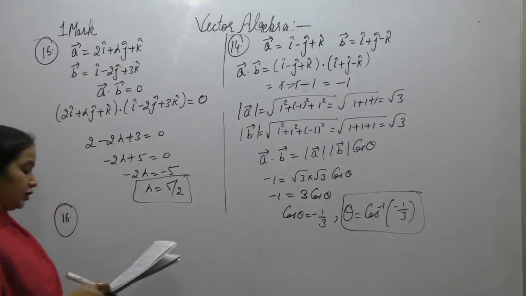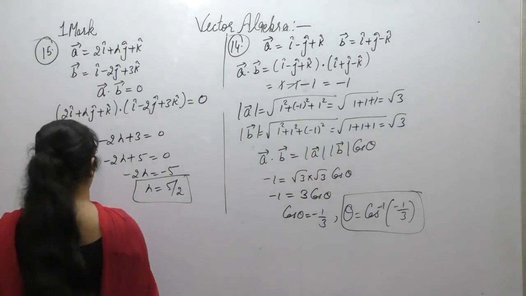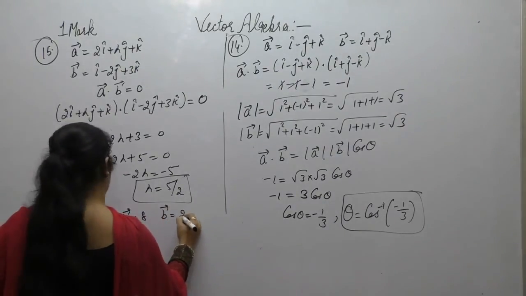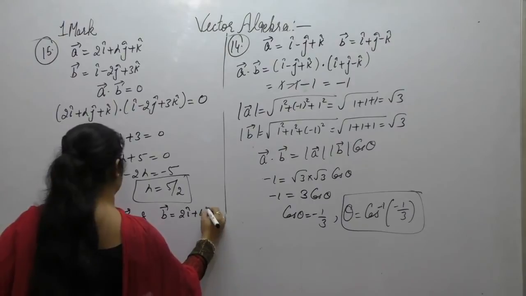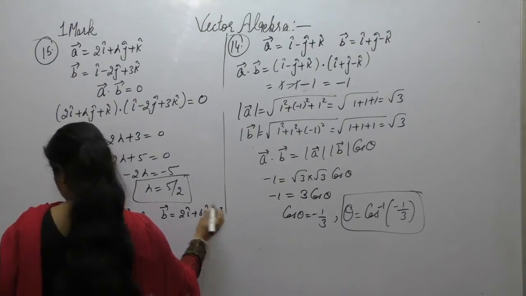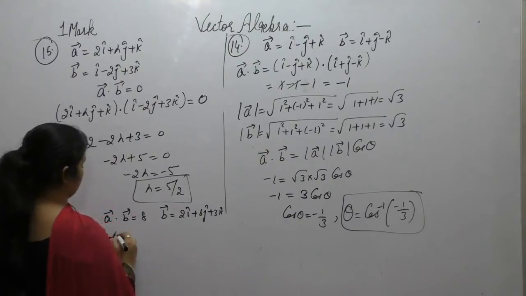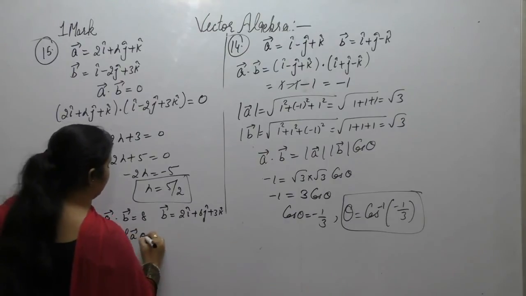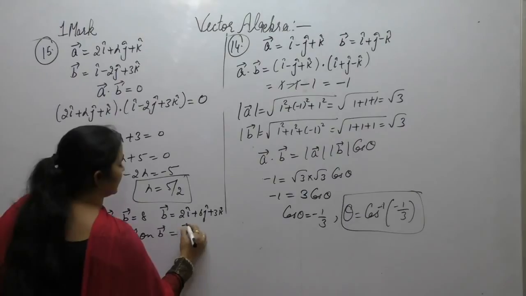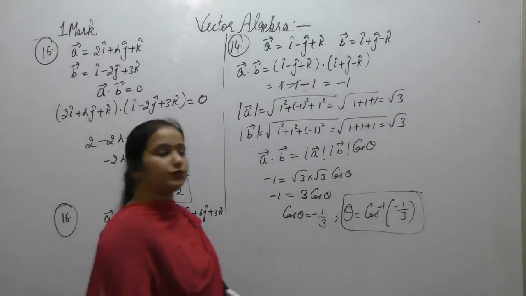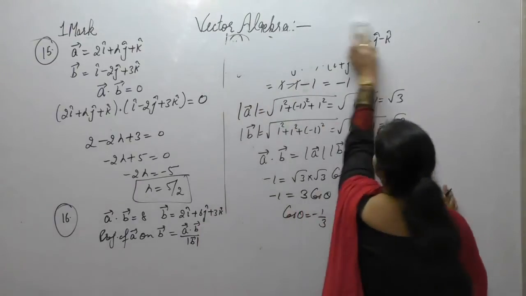Find the projection of A vector on B vector if A dot B is 8 and B vector is 2i plus 6j plus 3k cap. Projection of A vector on B vector is equal to A vector dot B vector upon magnitude of B vector.